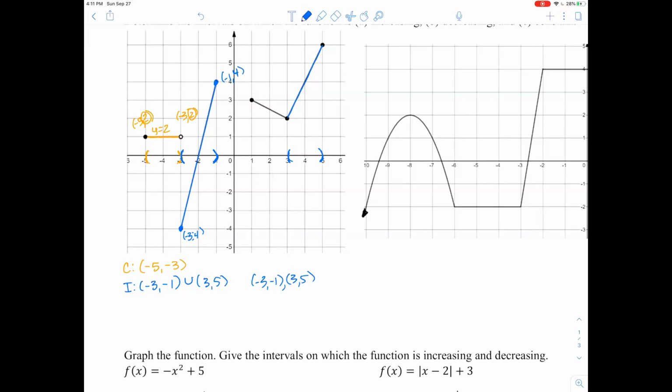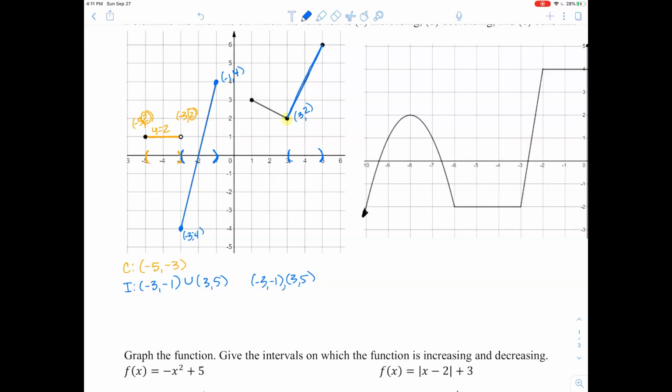All right, and so here's a point where I want to discuss why we don't use a closed bracket on this. So here we are at x equals 3, right? X equals 3. And that's the point (3, 2). Now, does that belong to this blue piece?